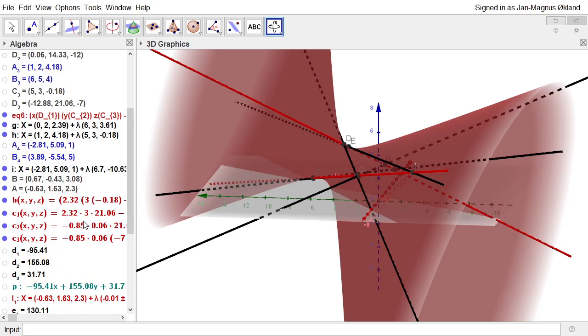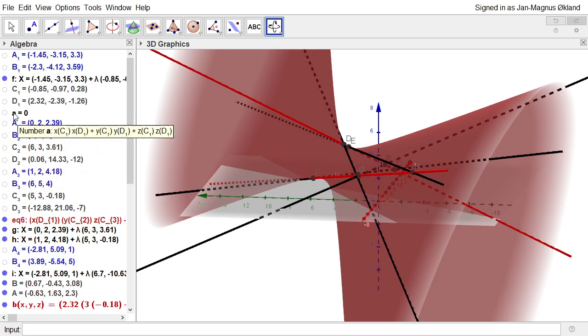The Plücker coordinates are really coordinates of the embedding of the Grassmannian of two spaces in 4 space, or equivalently lines in projective 3 space.